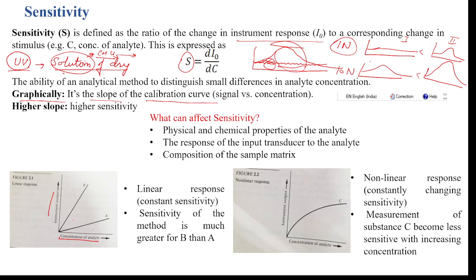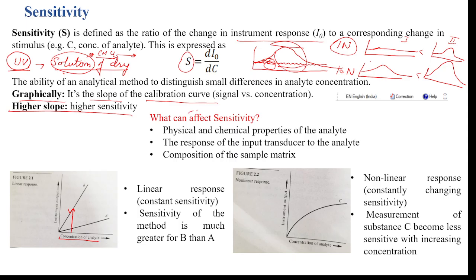Here you can see that there are two instruments, A and B. At this concentration, the response from instrument A is low and the response from instrument B is high. So the greater the slope, the greater the sensitivity of the instrument.